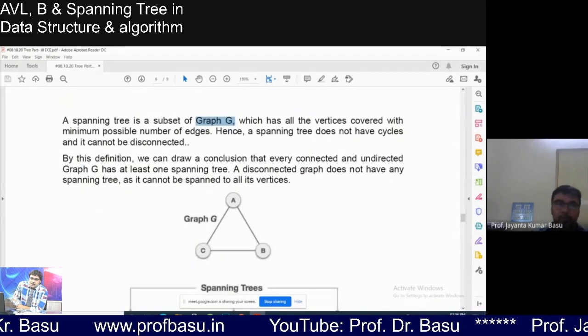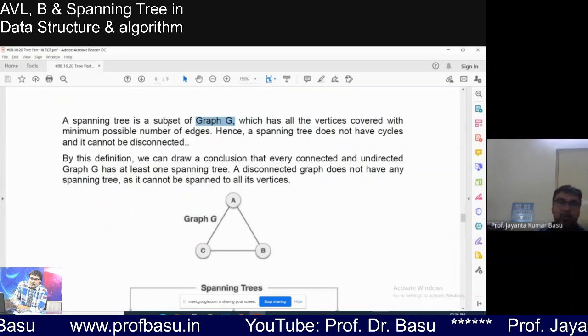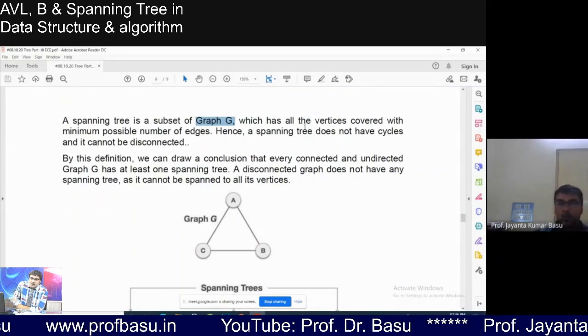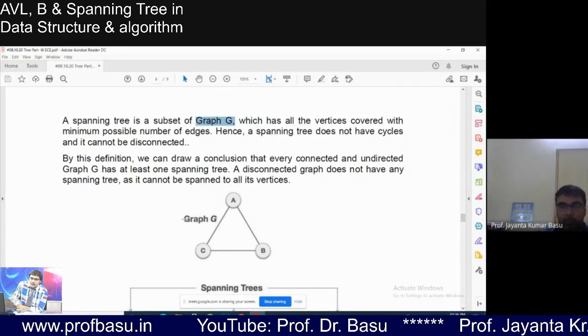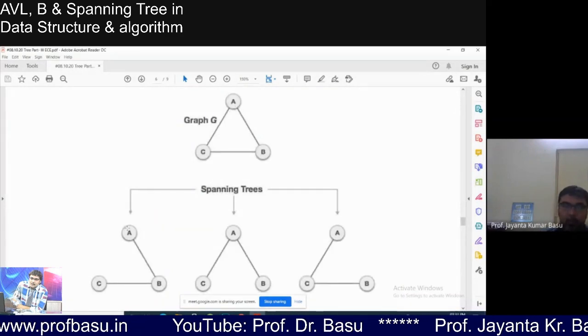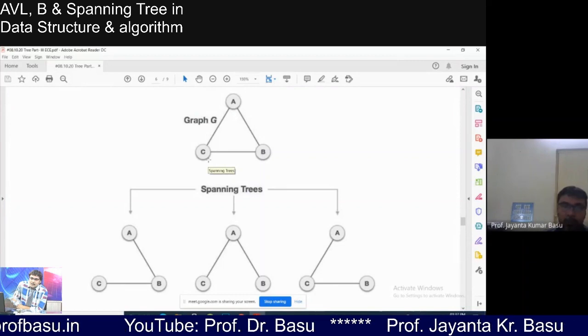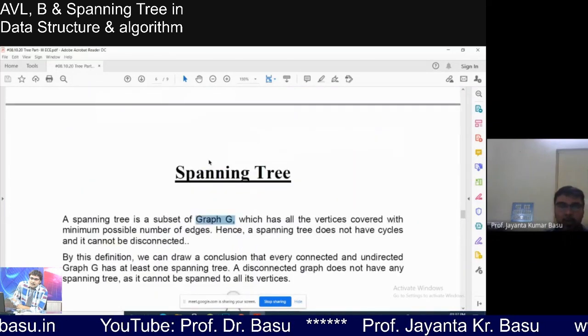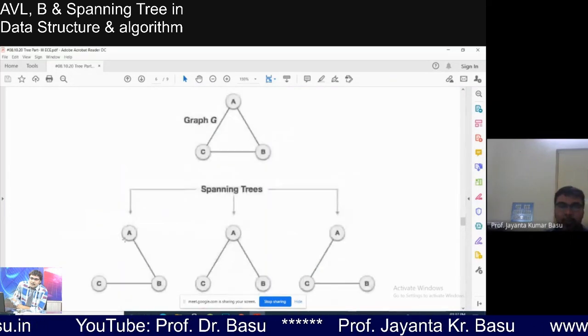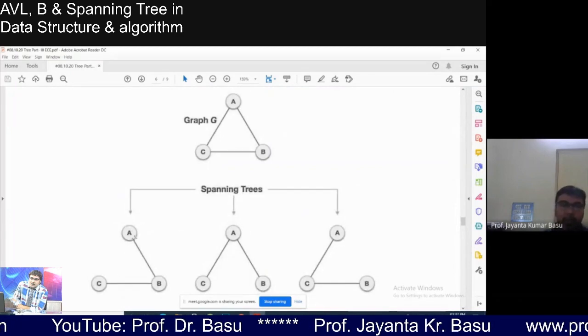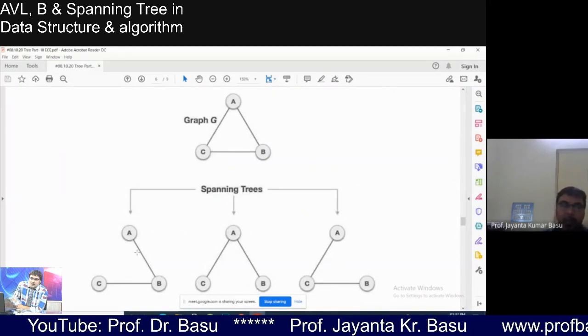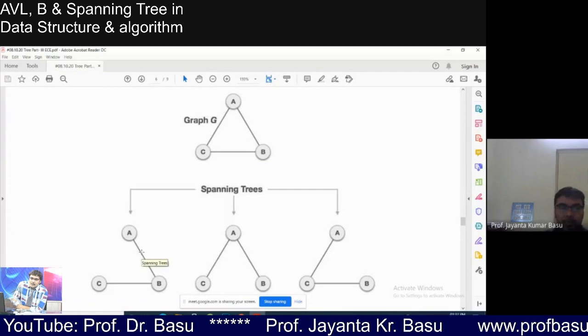I repeat, all the vertices will be there. We will not discard any vertices or nodes, but we have to make sure that edges are connected in such a way that a cycle does not form.